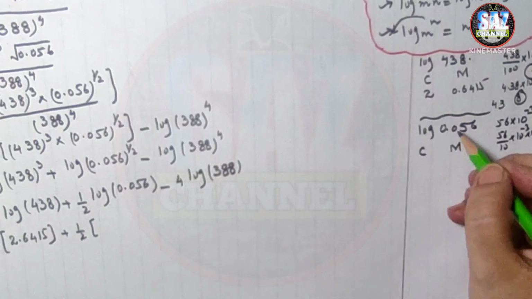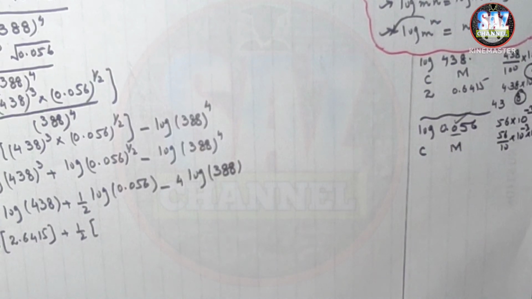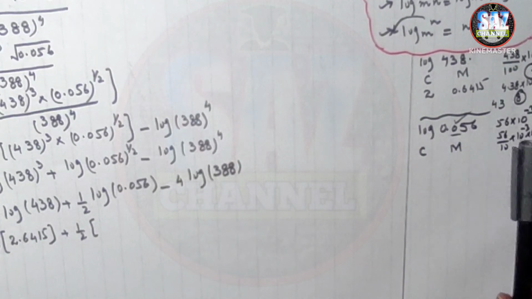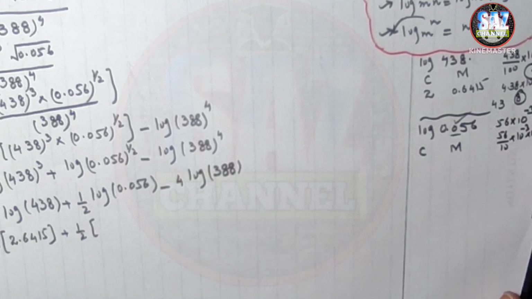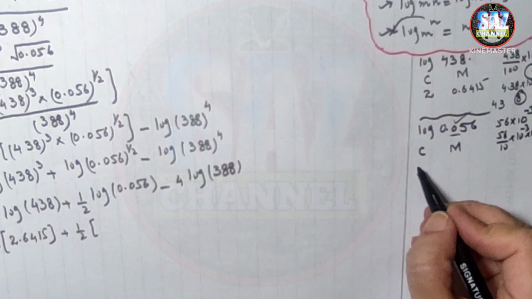So either you can apply this rule, as this number has 1 zero, so the characteristic will be negative, and 1 more than that, so it will become -2.